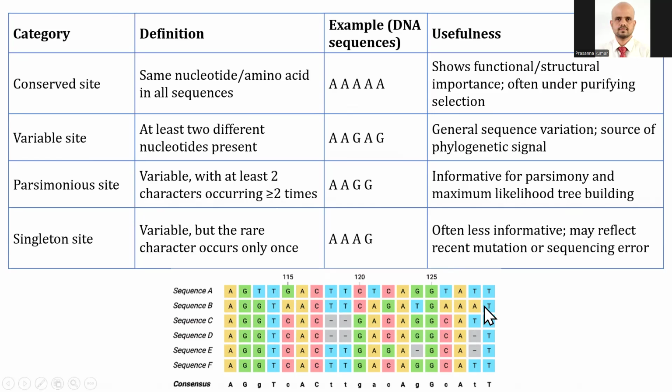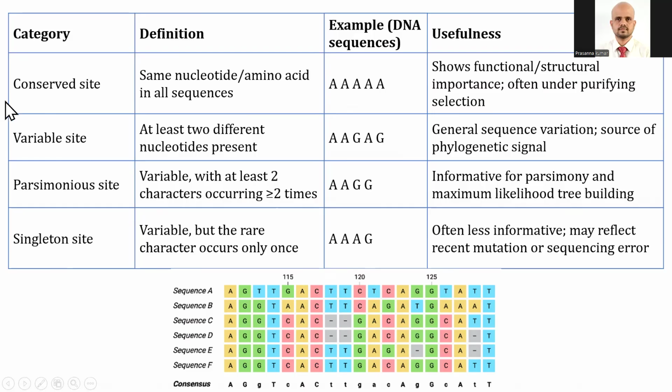Once you have the multiple sequence alignment, you should know these four vocabularies. A conserved site has the same nucleotide or amino acid at a given position. The examples of nucleotides given here, you should read vertically: at a particular position, what is the sequence? For example, this AAAAA, five As, is represented like this.